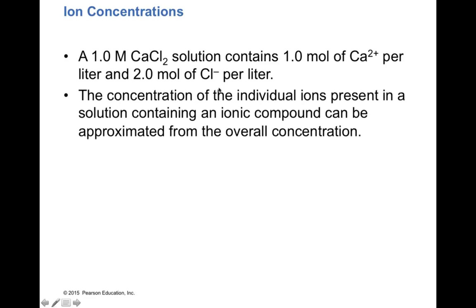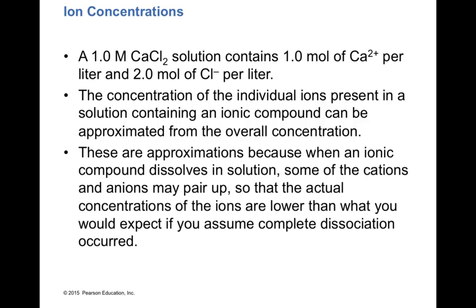The concentration of the individual ions present in a solution containing an ionic compound can be approximated from the overall concentration. These are approximations because when an ionic compound is dissolved in solution, some of the cations and anions may pair up, so the actual concentration of ions is lower than what you would expect if you assume complete dissociation occurred.